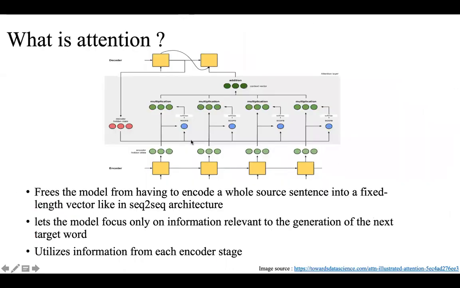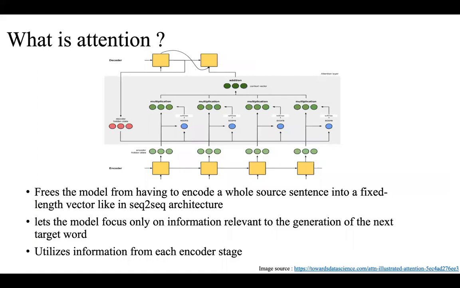So what is attention? If we take the example of machine translation, for generating some target word, we need to focus on only some of the words in the source sentence.